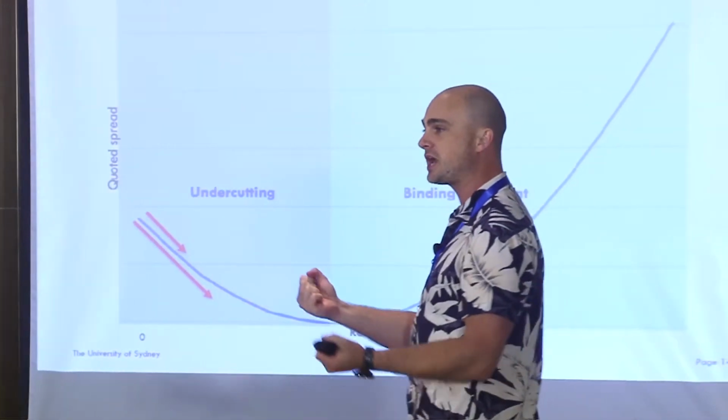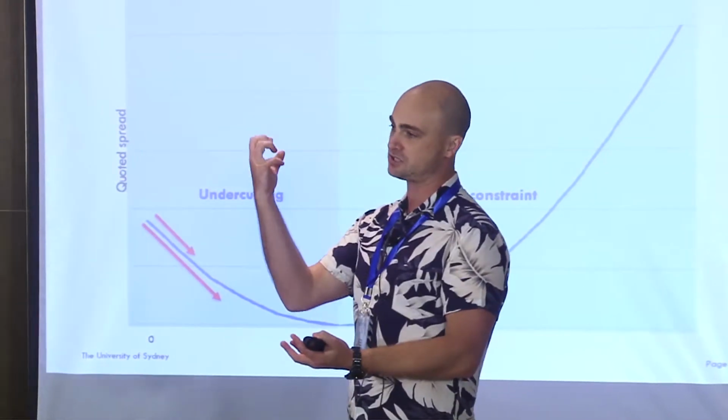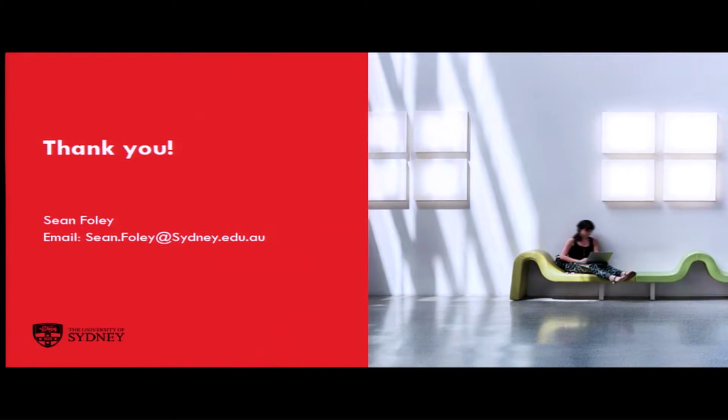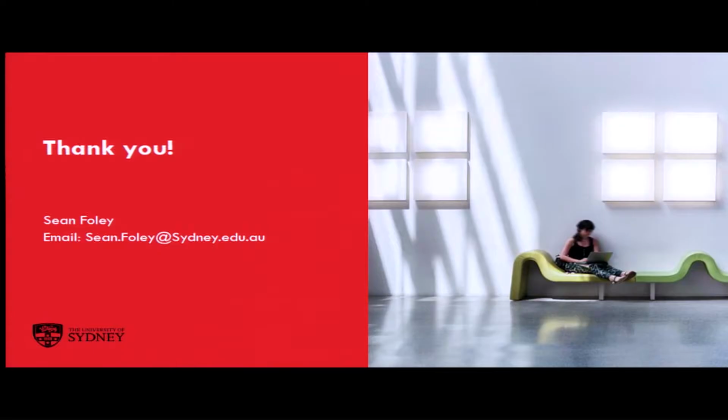So we look at those with a smaller shock compared to those with a larger shock. And lo and behold, those with a much larger relative increase in relative tick size have the most dramatic effects versus those with smaller shocks. So that's it. I can't do it justice in 10 minutes. Thanks very much, guys. If you have questions, you can email me.